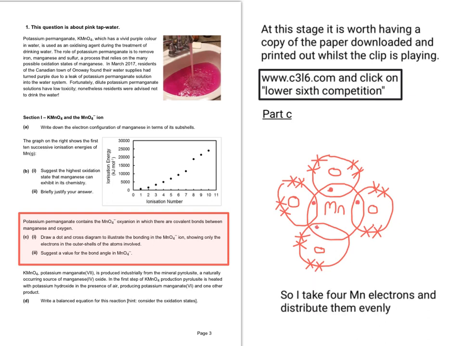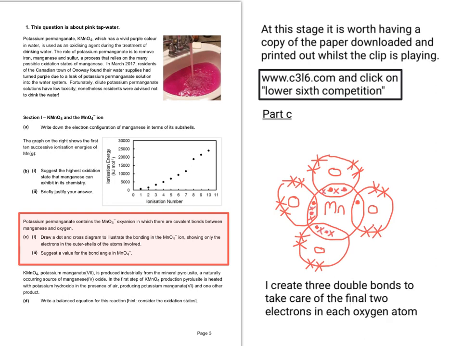So I can take 4 out of those 5 electrons and distribute them evenly. In order for the oxygen atom's final 2 electrons, in other words each one has 6, to be accounted for, and for the oxygen to now have 8 electrons in its outer shell, I need to create 3 double bonds.